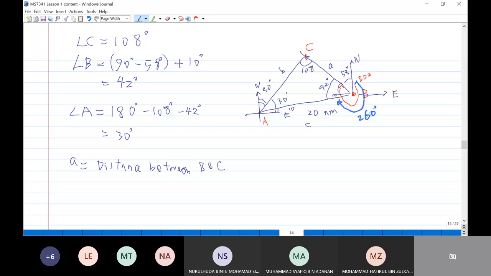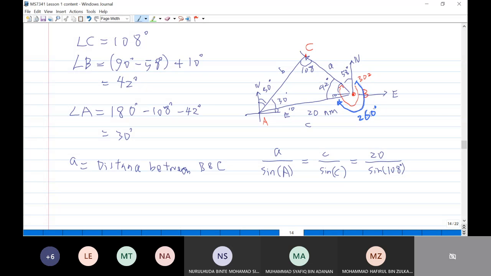So how do you find the distance between B and C? You can use the sine law now, because you can say a over sine A equal to c over sine C, because side c is 20 and angle C is 108.